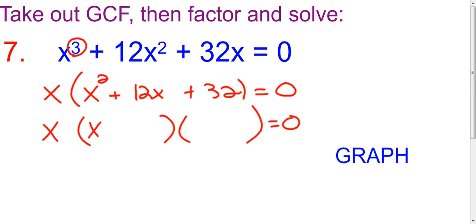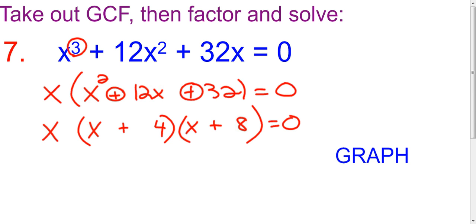So I will have an x and an x. And then 32 could be 1 and 32. It could be 2 and 16. It could be 4 and 8. And I will tell you that this one will be 4 and 8. Okay, if it's a plus in the back, then it either needs to be plus, plus, or minus, minus. Hint, hint, hint, plus, plus.